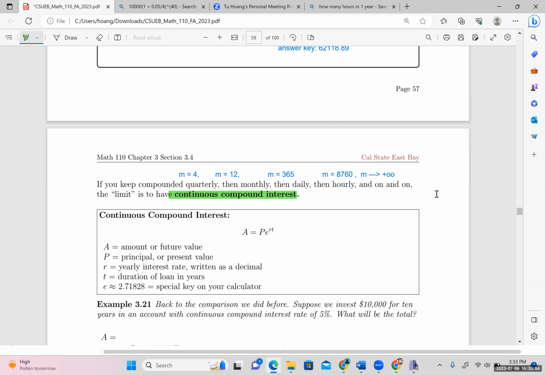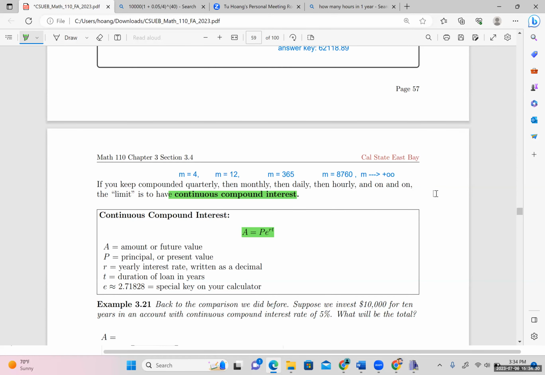So we're going to come up with the formula, named continuous compound interest, and the formula is going to be A equal to P times e raised to rt. If you use the formula for compound interest and m becomes infinite, you end up with this form.